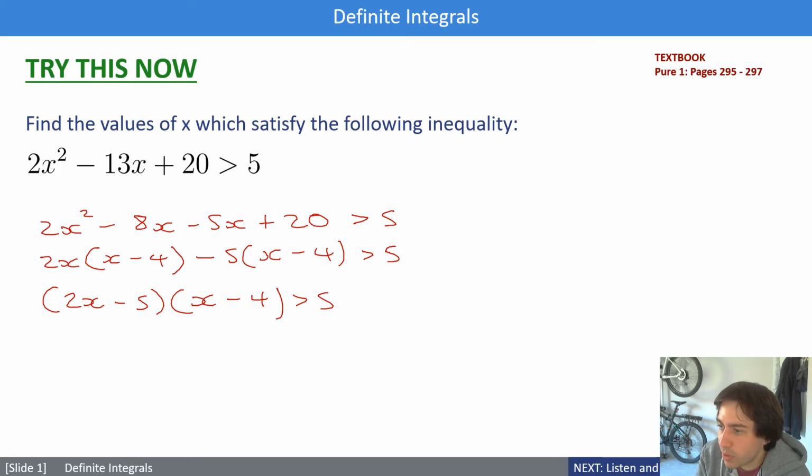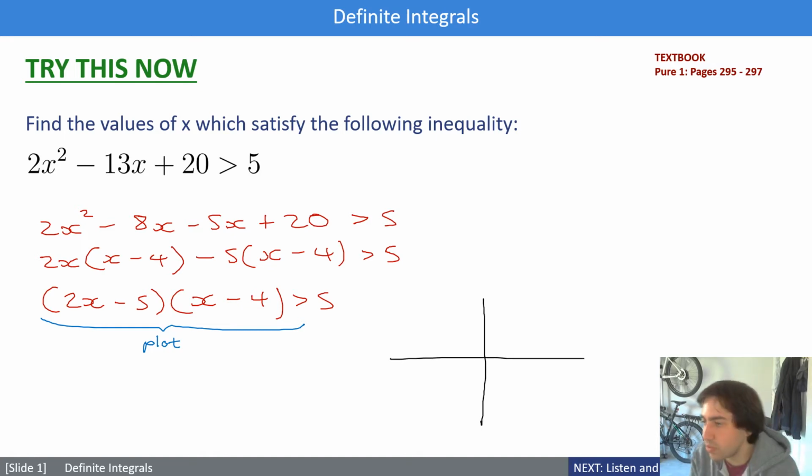So if we were to plot this part, we just need to think about a few key things. First of all, where does that cross the x-axis? So that's when y equals 0, or in other words, the output is 0. So the key values, or the critical values, we could call them, are when this becomes 0.